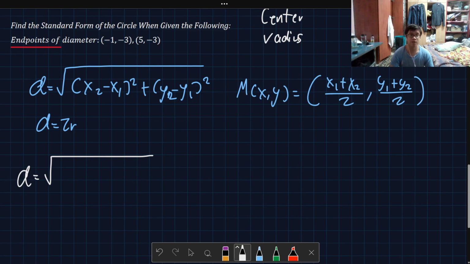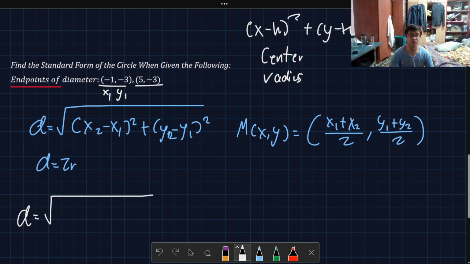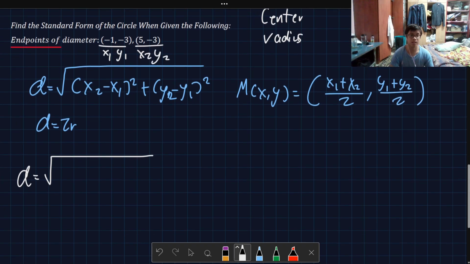We have two endpoints here. This is your point 1, so we will have x sub 1, y sub 1. Then here we have your second point, so we will have x sub 2, y sub 2. Let's directly substitute them in the formula. Your x sub 2 is 5 minus x sub 1, which is negative 1, squared, plus your y sub 2, which is negative 3, minus your y sub 1, negative 3.